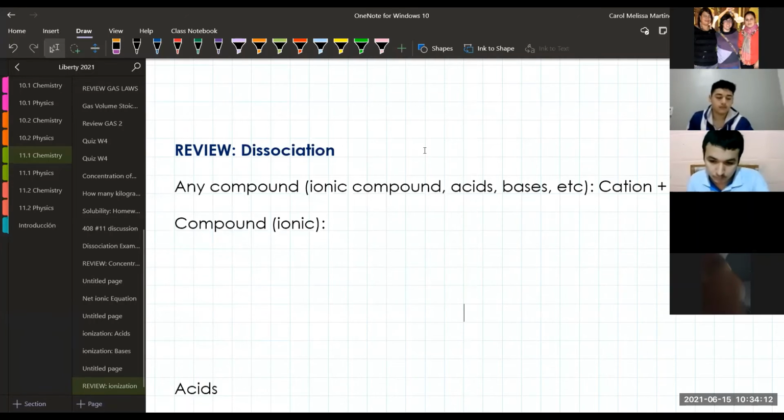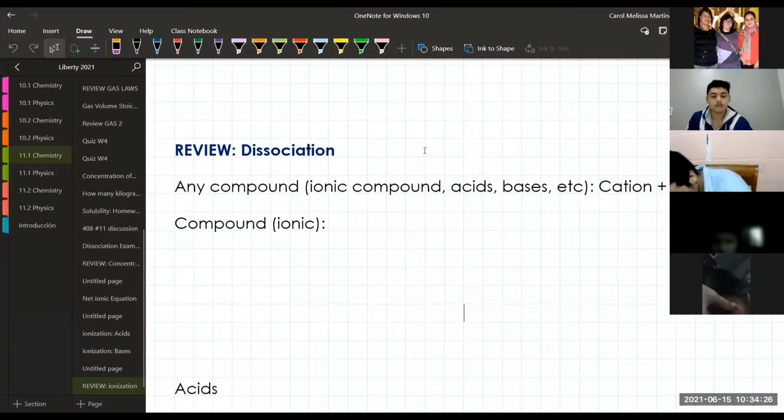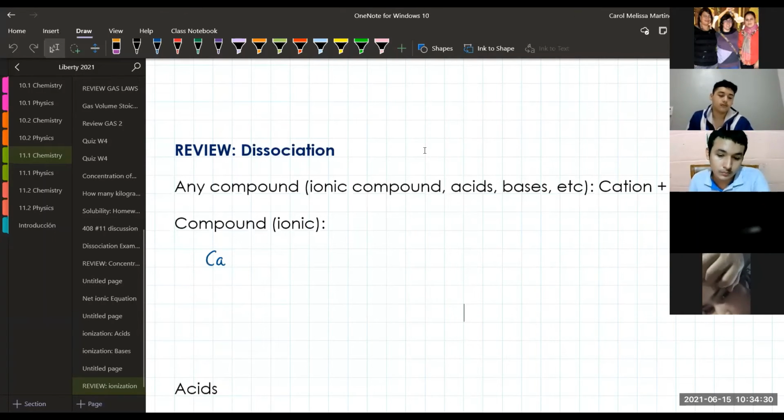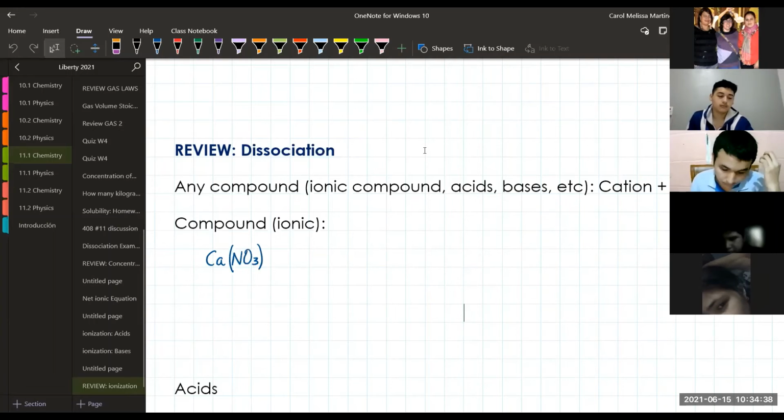As an example, I will try first with an ionic compound. Let's say that I need to dissociate this ionic compound, okay? For example, let's work with calcium nitrate, for example. Calcium nitrate, it is written like that, okay?